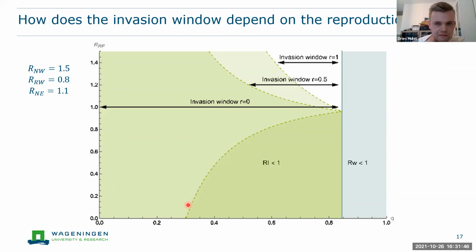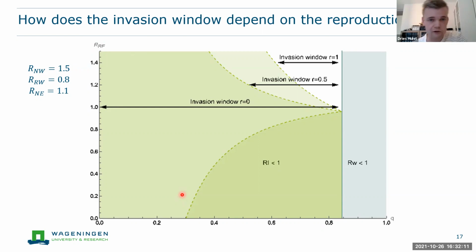Because there it seems that in fact the invasion window, at least, covers the whole range of frequency of host resistance, and that's because of what we saw before as well. I assumed here that the reproduction ratio of the escape mutant in non-resistant hosts is above 1.